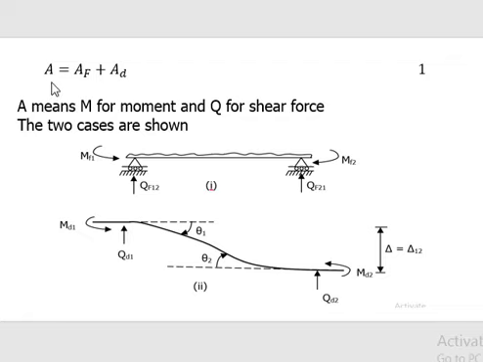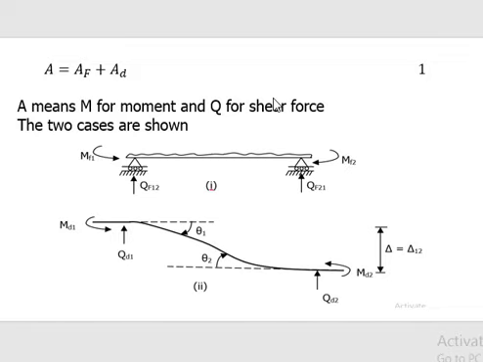The total action induced on the supports is denoted A and is equal to A subscript F plus A subscript D. A means action; it can be moment or shear force.